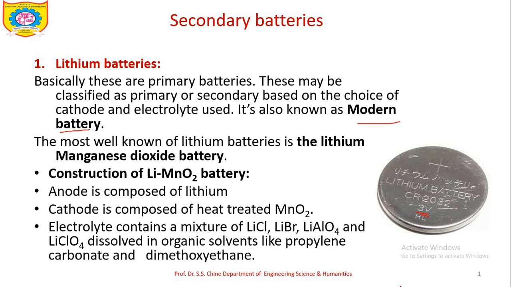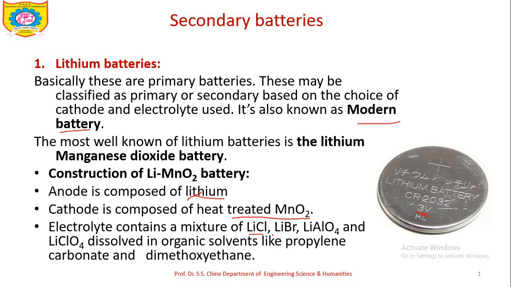Again, the basic components are anode and cathode. The anode is made up of lithium metal, and the cathode is made up of heat treated manganese dioxide. Now what is used as an electrolyte?